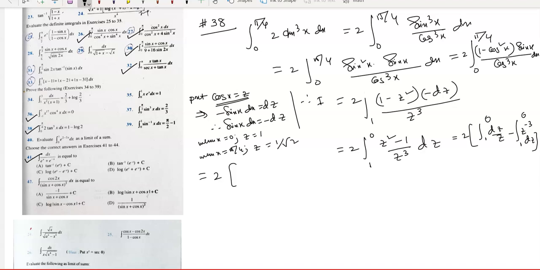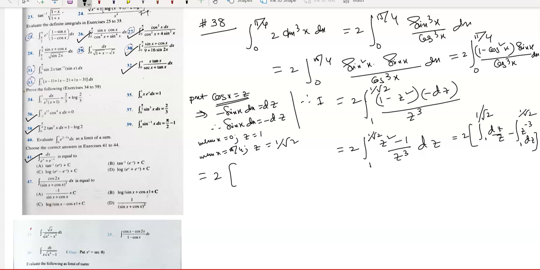So here it will be 1 to 1 by root 2. Alright? Because it is 0 to pi by 4. So this is also 1 to 1 by root 2. And this one also in the same manner, 1 to 1 by root 2.